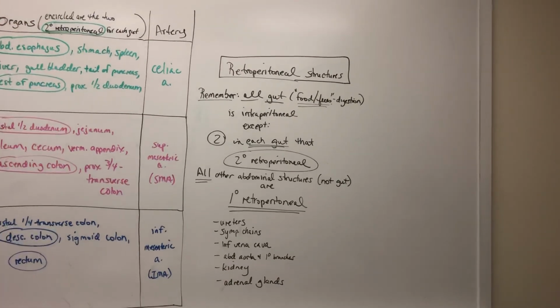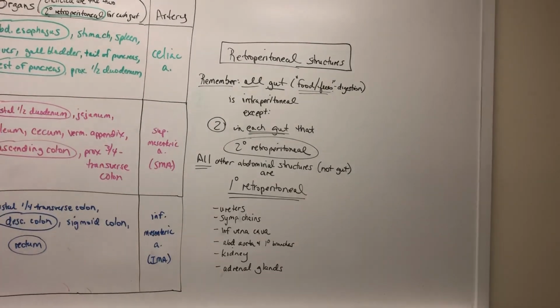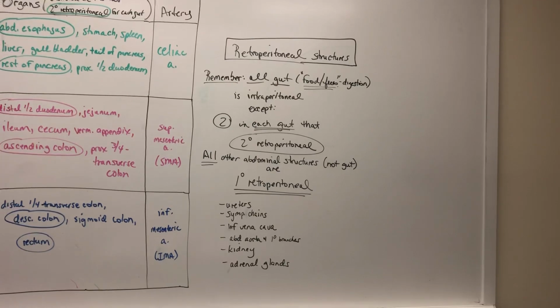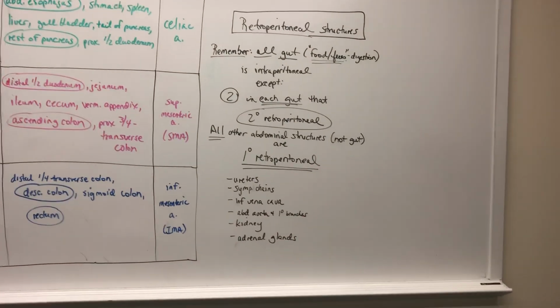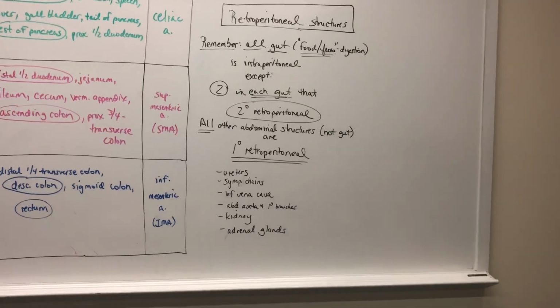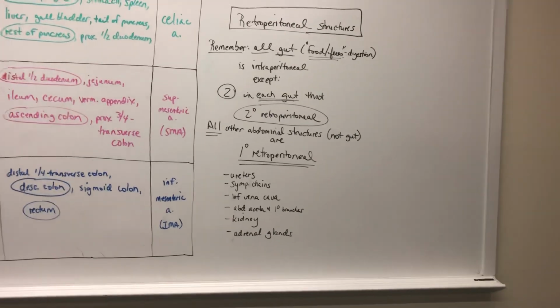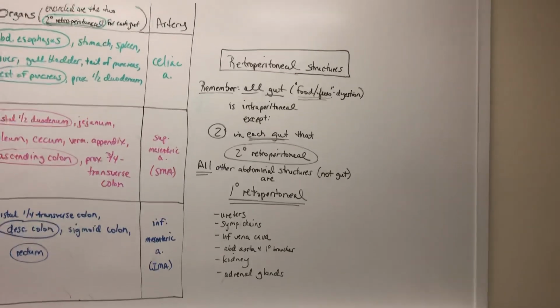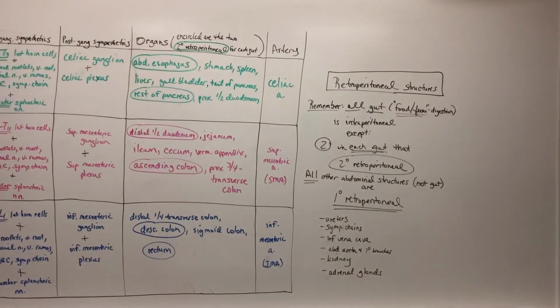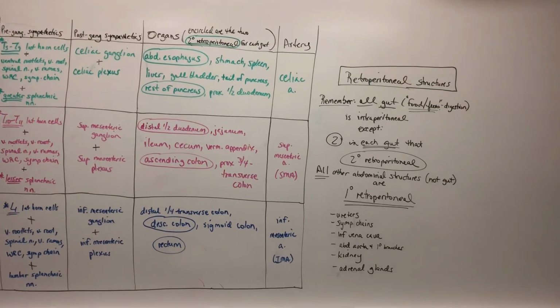Because all guts, these are digestive things, are going to have some type of mesentery. They're either going to have to be intraperitoneal or secondarily retro. Primarily retroperitoneal means you were never digestive. You were not part of the gut, but you sit behind the guts, so you're retroperitoneal. So the 2 that you have that are secondarily retro are encircled for each gut. Remember the 2 that are in each gut. That's all you have to memorize.